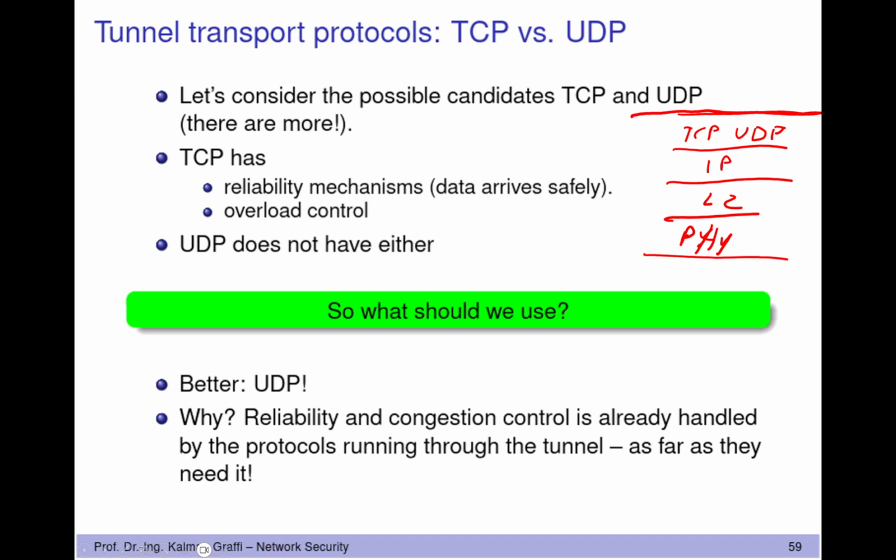This is the VPN part, and they also contain an IP address, a TCP or UDP. And the core question was, what is more reasonable to apply? Should we apply TCP over TCP? Should we apply UDP over UDP? Or TCP over UDP? Which of these to select?